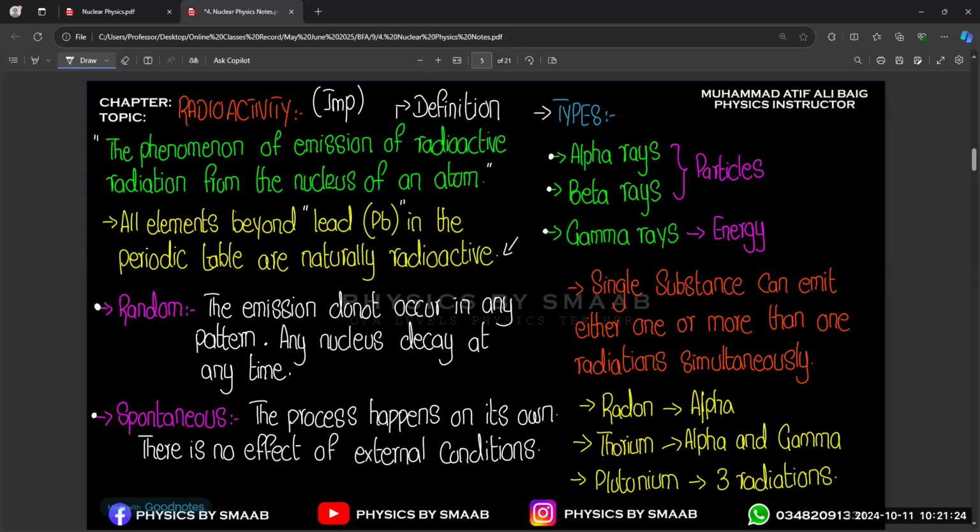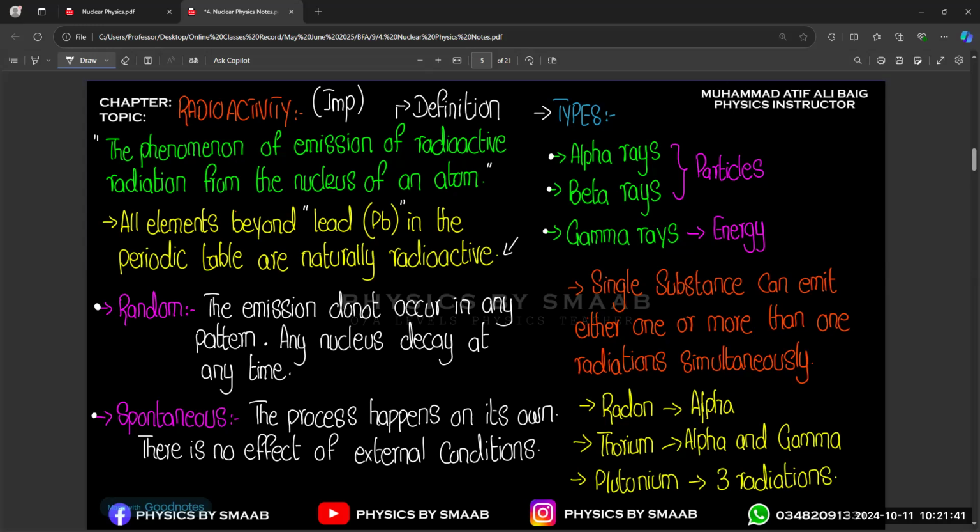You can see these are not names of elements in the periodic table; these are general representations of the radioactivity process. Alpha rays, or you can say alpha particle, and beta rays, or beta particle. Why?